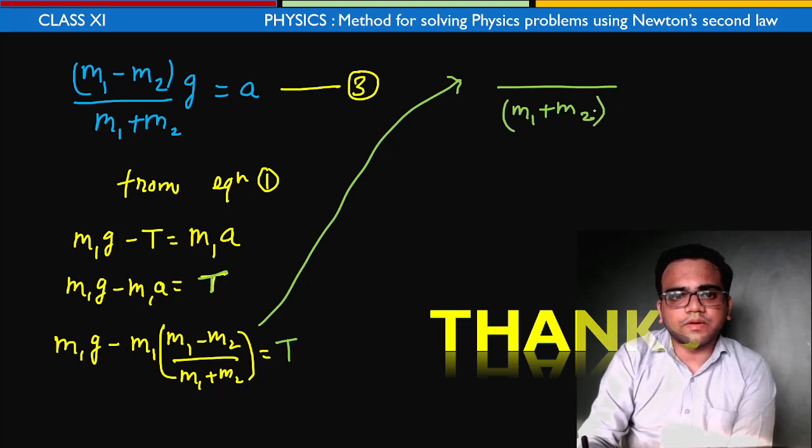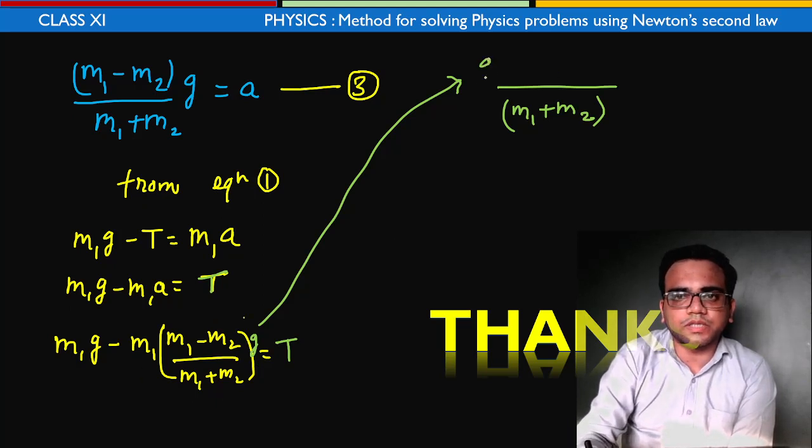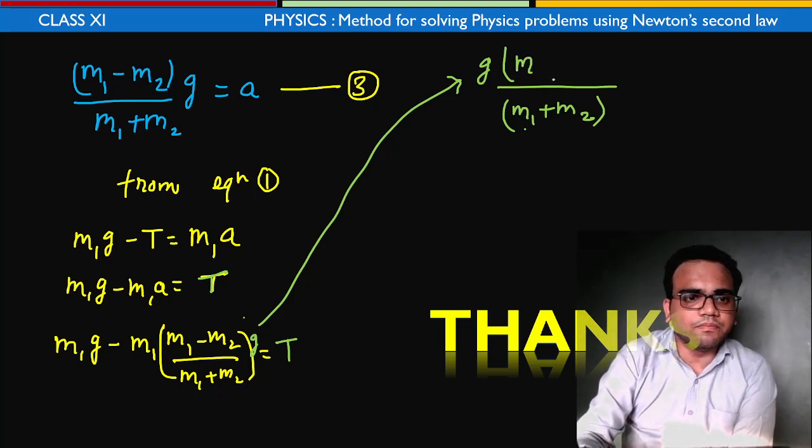You can take out g as common, because there was also a g.